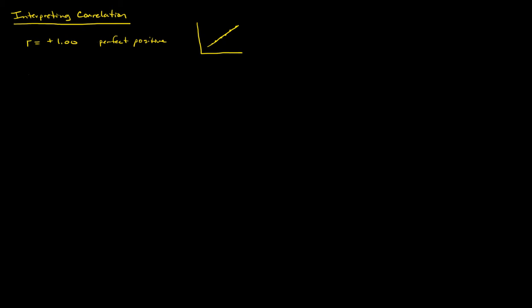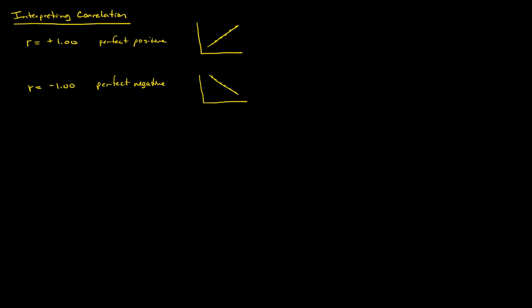And if r was negative 1.00, we would have a perfect negative relationship. And in this particular case, just a quick sketch here, you would have something that looks like this. And again, all of the dots would be right on the line.